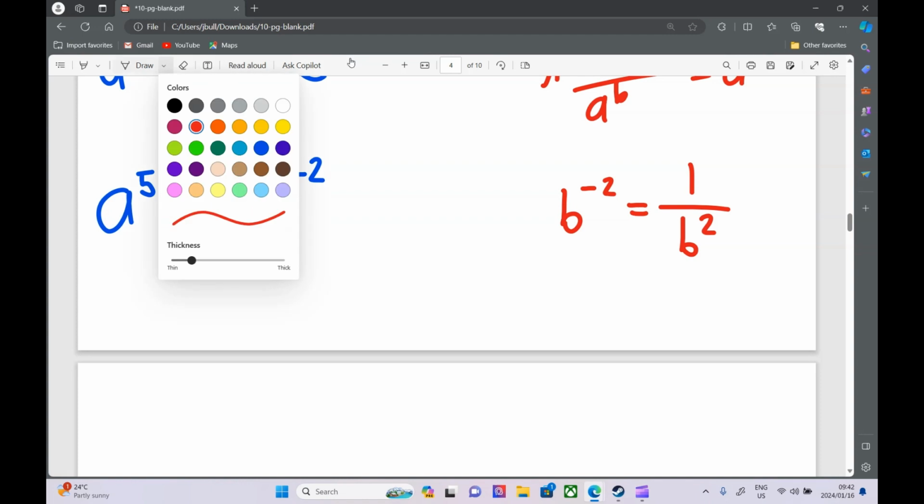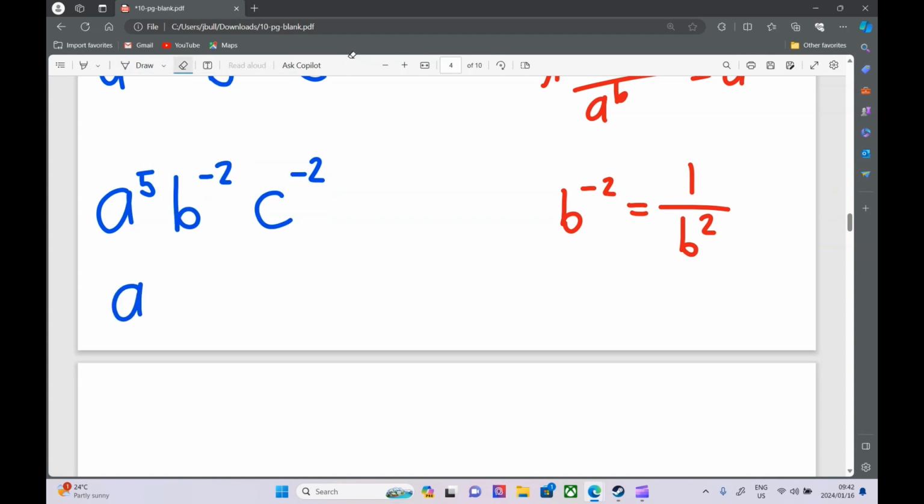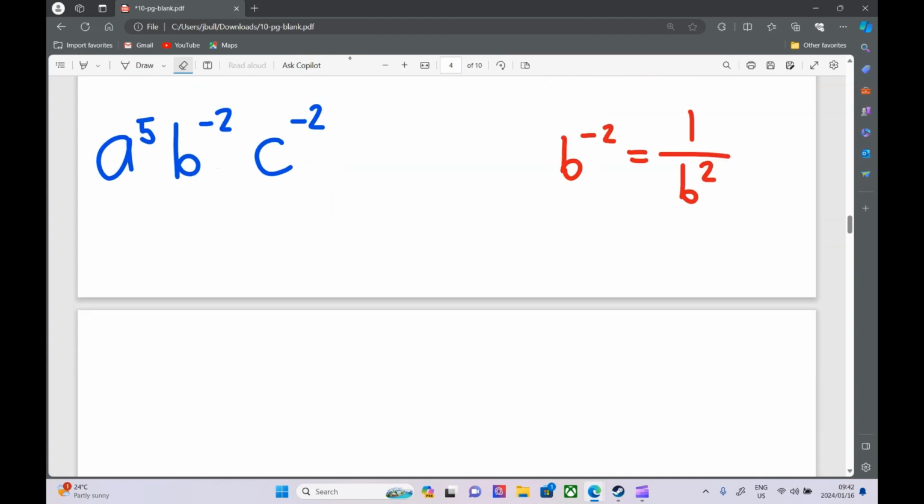So that means our final answer is going to be, let's write it down here, sorry, a to the 5 over these two. So b to the positive 2, c to the positive 2, because I can take them down, then they become positive. So that is our final answer there.